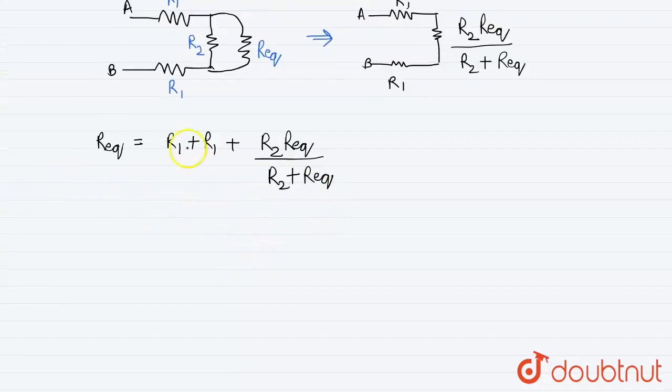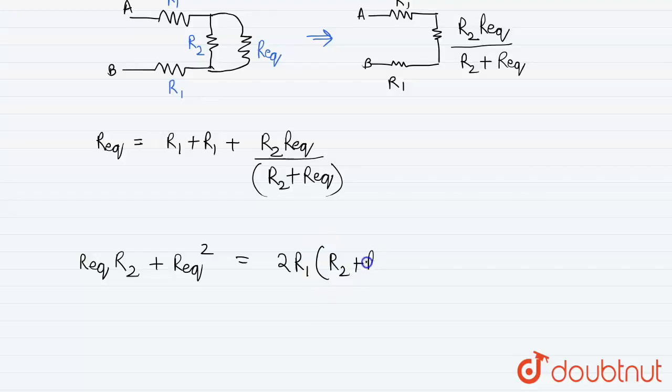So let's multiply this R2 plus R equivalent on LHS. So we get R equivalent times R2 plus R equivalent equals 2R1 times R2 plus R equivalent plus R2 R equivalent.